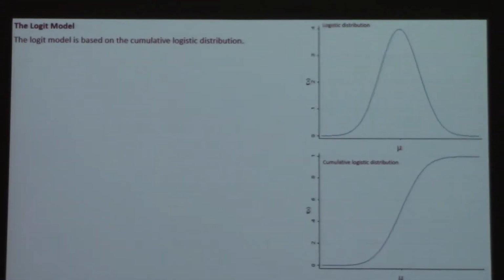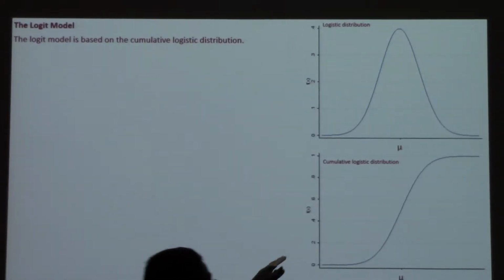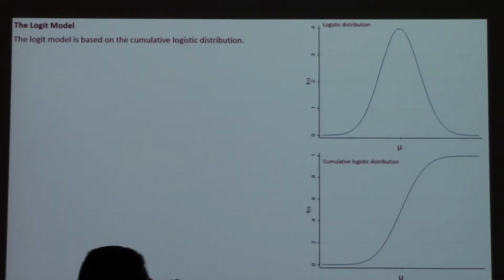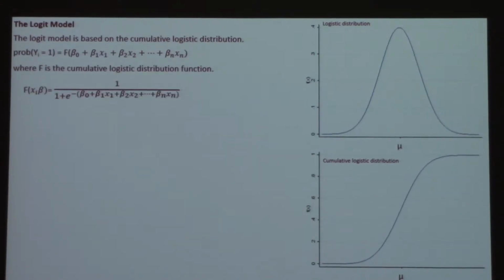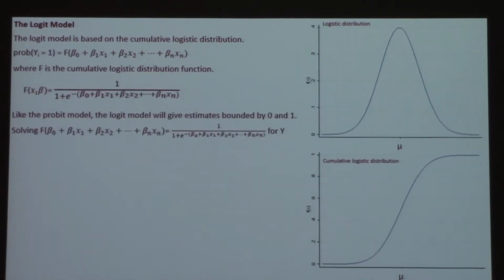All right, the other model we're going to use is called the Logit model, and it's really doing the same thing. It's based on a different distribution, which just so happens to be normal looking, kind of like the standard normal distribution. And it has a cumulative logistic distribution, a lot like the cumulative standard normal distribution. So these are very, very similar regressions. It's also going to be bounded.